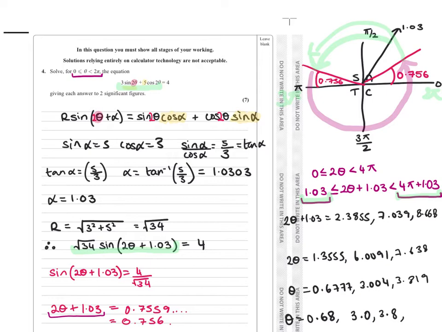And then we keep going round again. Use a different colour this time, so I'm here. Keep going round. Remember, I'm going to 4 pi plus 1.03. So now I've reached 4 pi. 1.03 is here, so I keep going. Yes, I've hit somewhere. So I'm going to get 4 pi plus 0.756, which is going to give me 13.322.